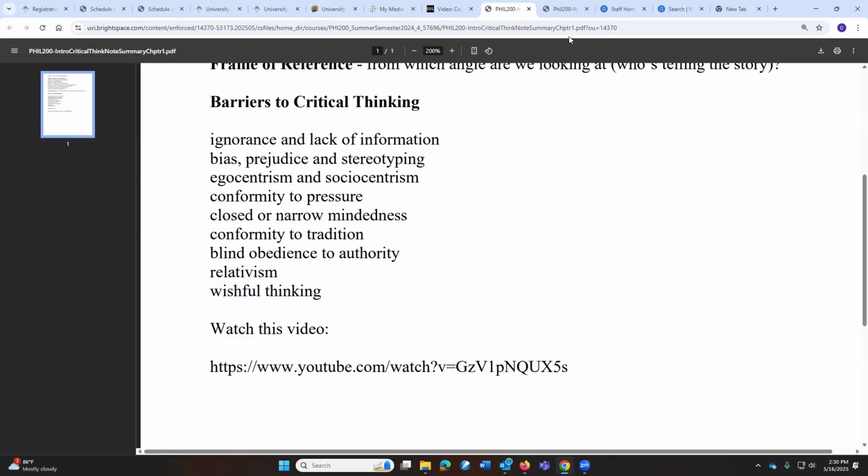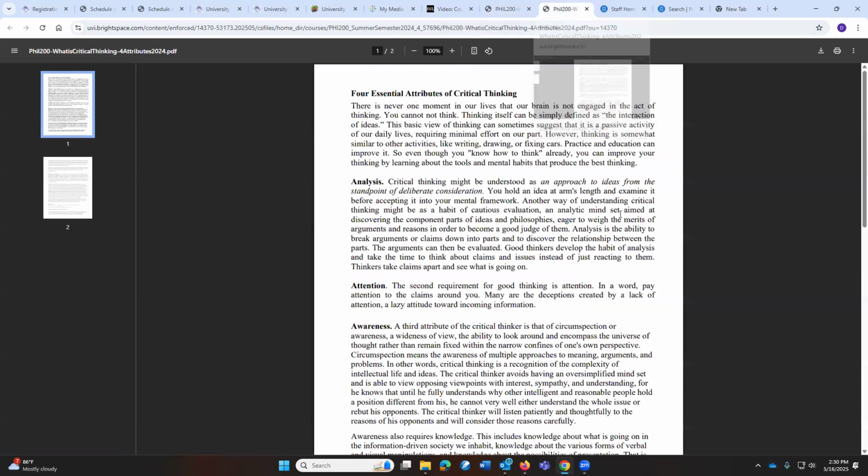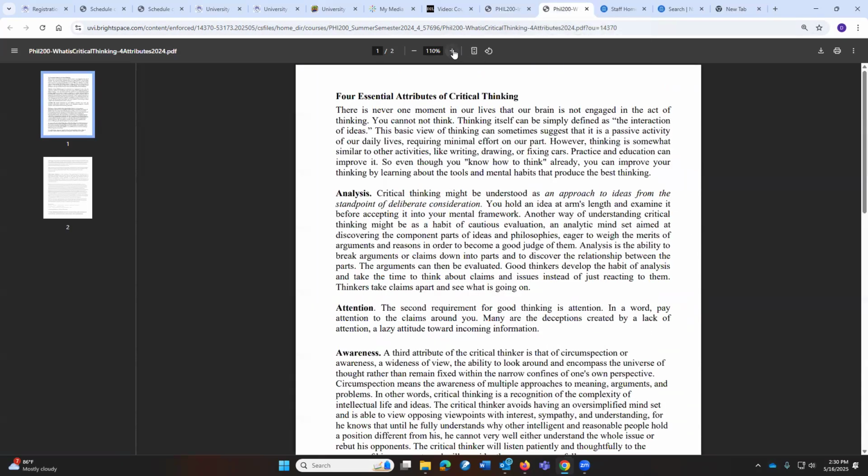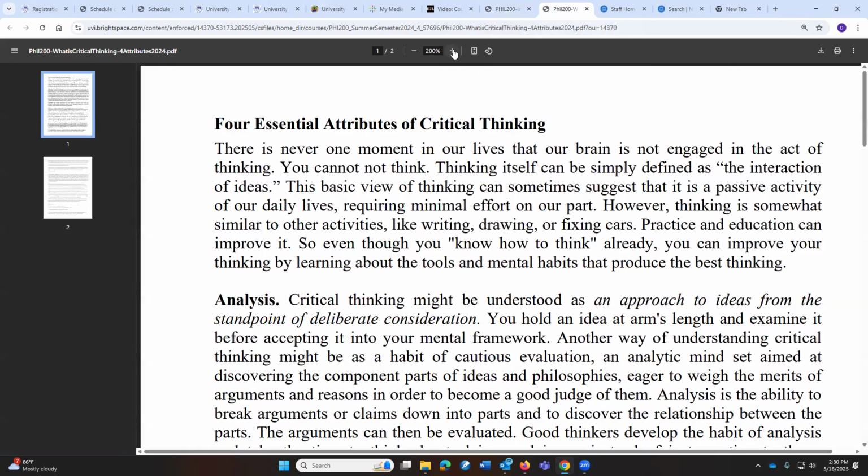But we're going to move to another document to help us get a sense of an understanding of critical thinking by looking at 4 essential attributes to critical thinking, 4 things that are essential to what goes on in the critical thinking process, okay? So as we said earlier, we're always thinking.